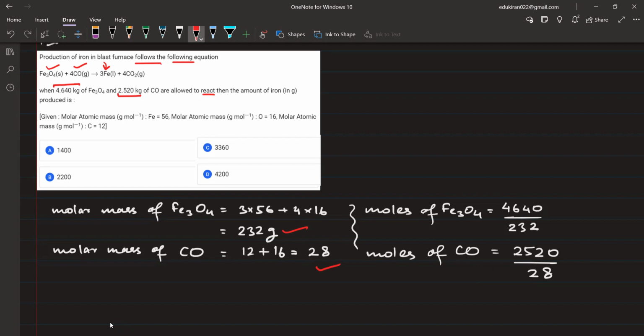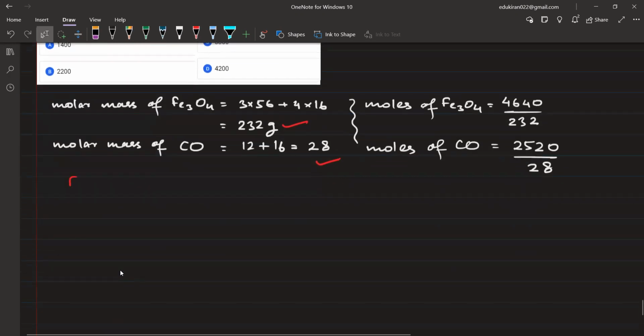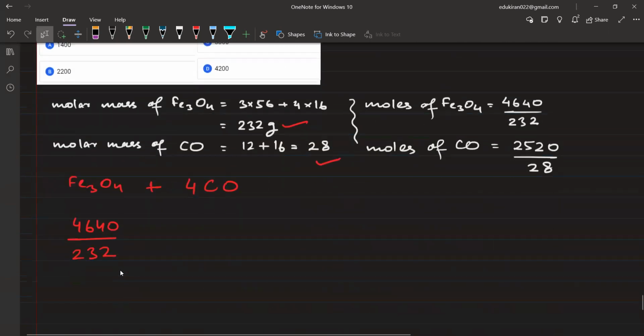For Fe3O4, this is 4640 upon 232. Now for CO, 4 CO is being used. If you see the equation here, 4 moles of CO. So this will be equal to 2520 upon 28 into 4.